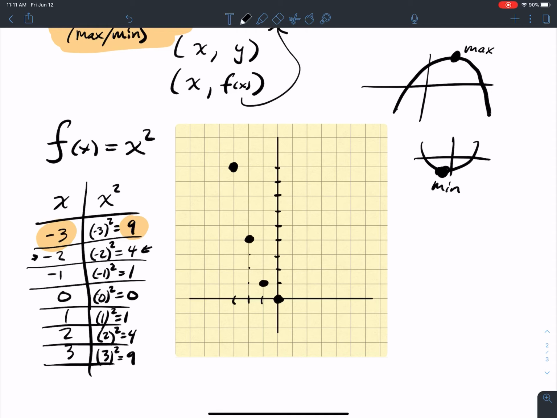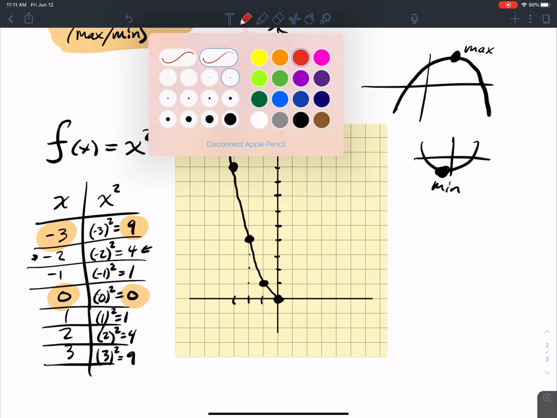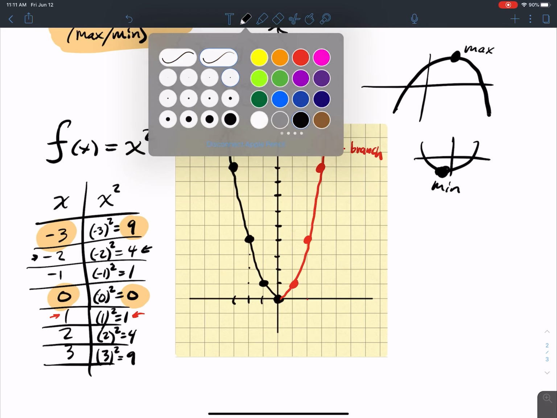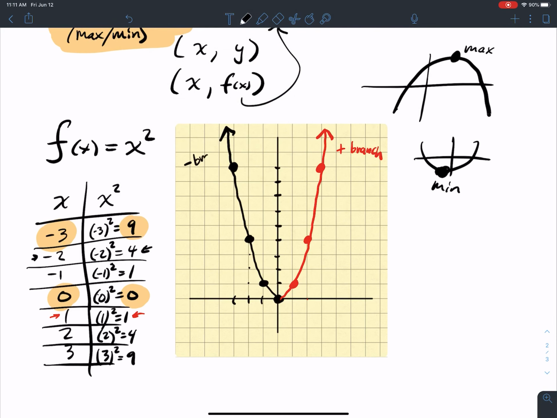And then 0, 0. That's the origin. And then guess what, guys? This kind of connects just like this. The mirror image is on the other side. So 1, comma 1, 2, comma 4, and 3, comma 9. So it's the mirror image. This is the positive branch. This is the negative branch of the square root.